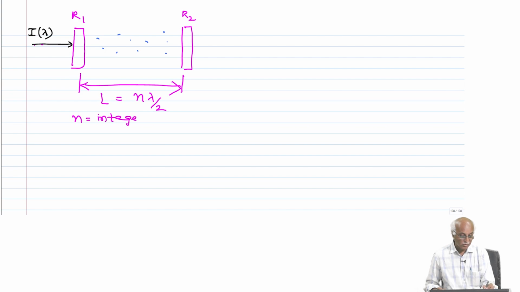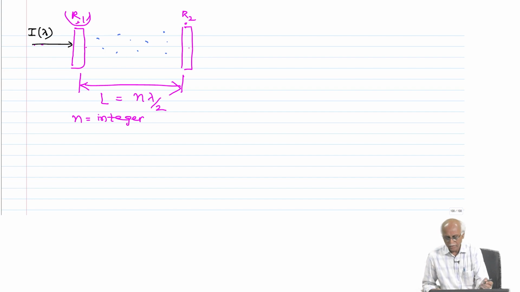What it means is that it is a standing wave cavity, which allows multiple reflections. Light will pass through and reflect back constructively, so it will not get lost easily, except that R1 is very high and R2 is such that some small transmission is taking place.